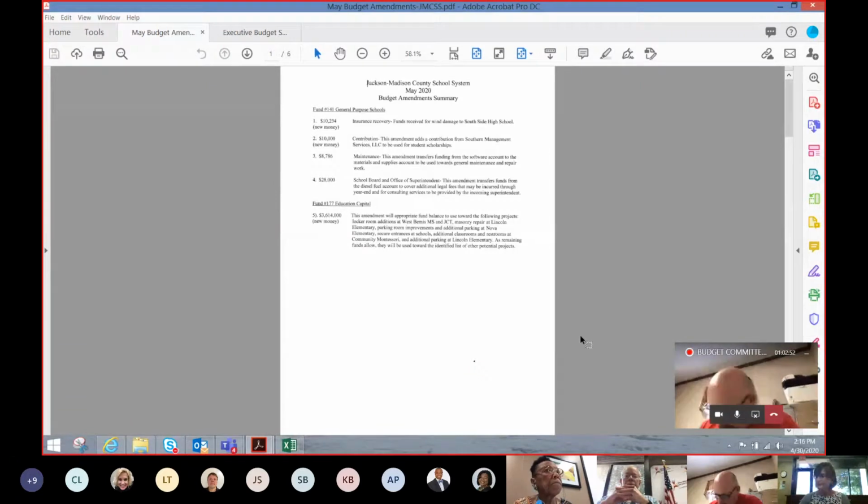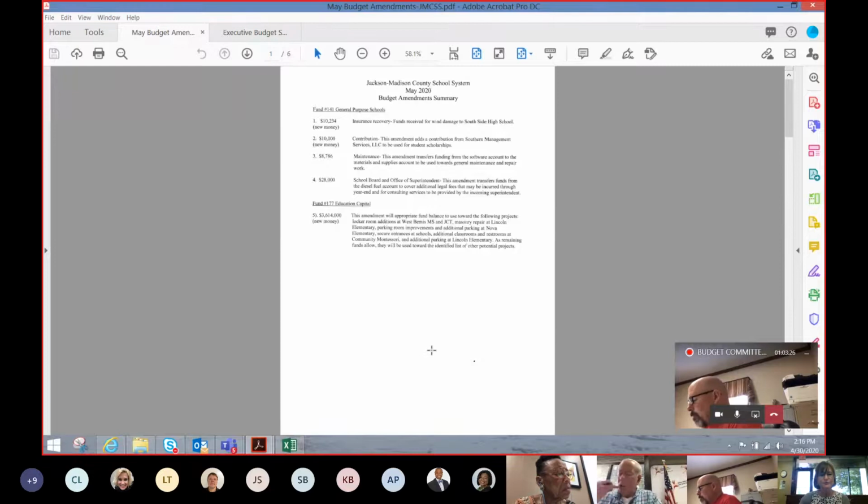So we have 5 budget amendments to present this month. The first one is insurance recovery for damages to Southside High School, $10,234. Second item is a $10,000 contribution for scholarships. Third item is $8,786.